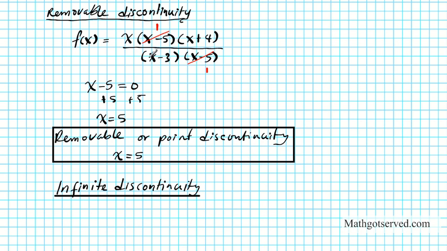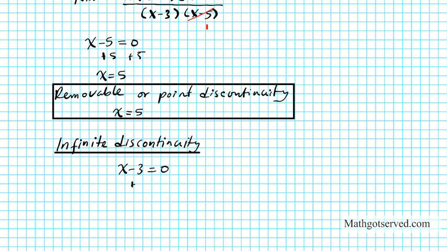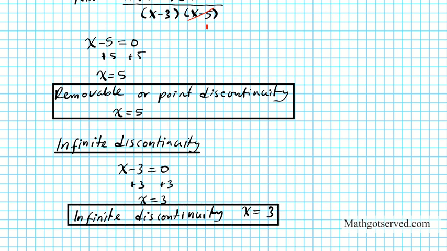So that is your infinite discontinuity. To get it, take the one that isn't cancelled out, x minus 3, set it equal to 0, and solve by adding 3 to both sides. I have x equals 3, and this is your infinite discontinuity. So remember, when you combine your infinite and removable discontinuities, they both combine to give you your discontinuities, or your poles. Okay?